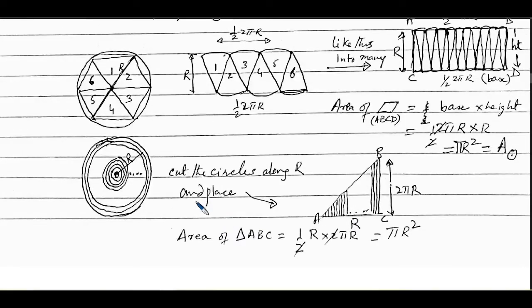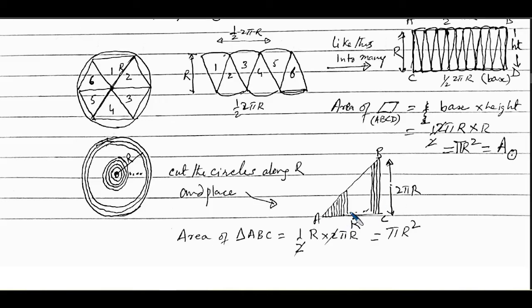And the second way is like this: you draw a lot of concentric circles. You draw a very small circle with small radius and keep on increasing, and you say each is like a thread. You cut all of them along this and place them here, a small thread for the small circle, and the largest will be the circumference of the circle, that is 2 pi r, which we have shown here.